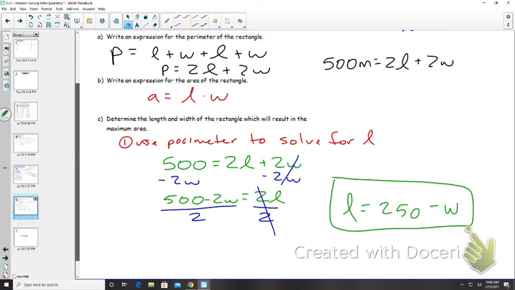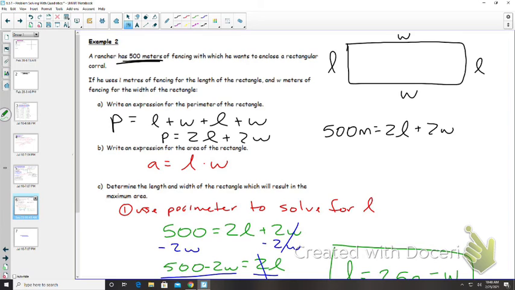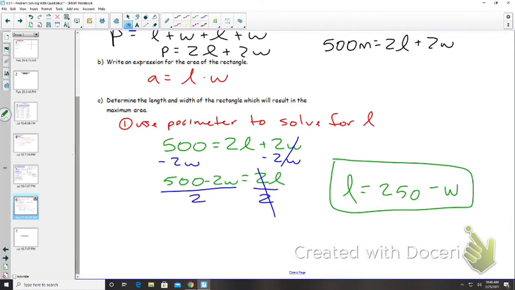That's both L's now? Yep, because the lengths are the same size. It's a rectangle, so our L's will be the same size. They're 250 minus W, okay? Because we're still in an equation right now. Okay, so step 2.